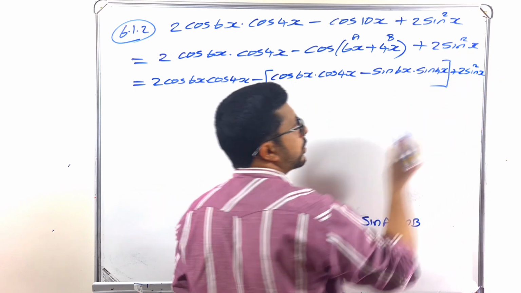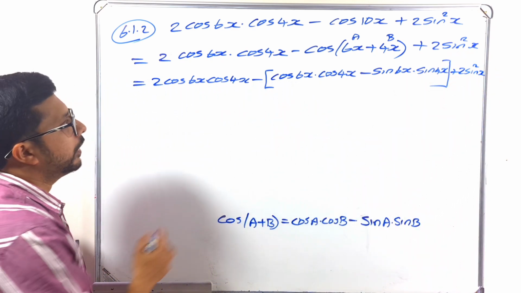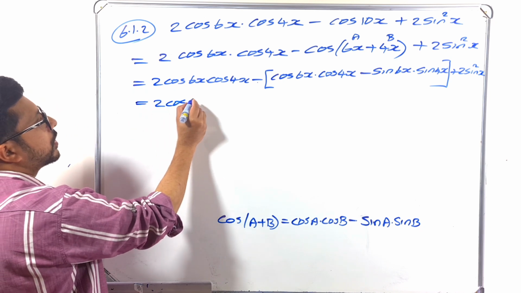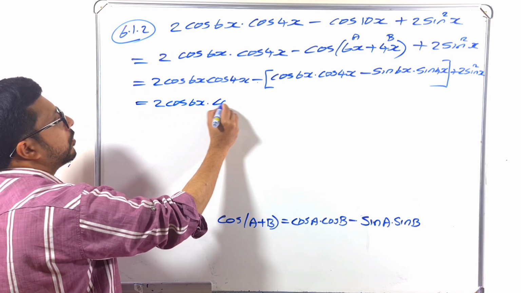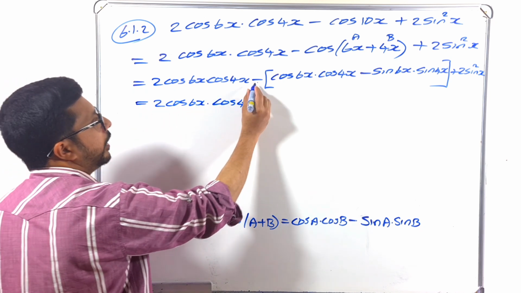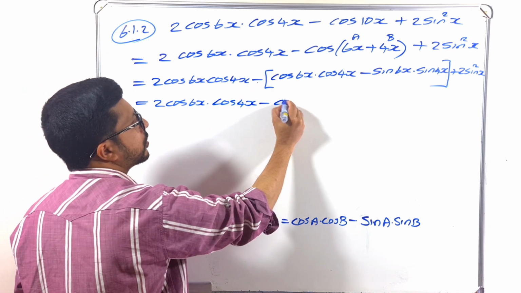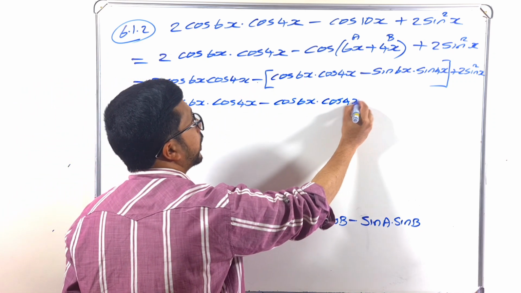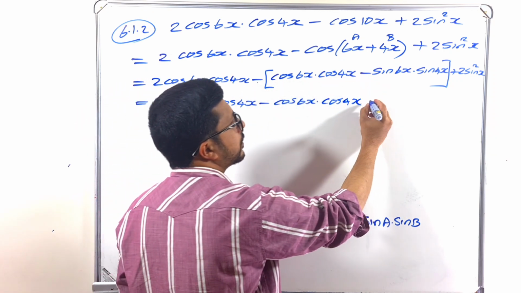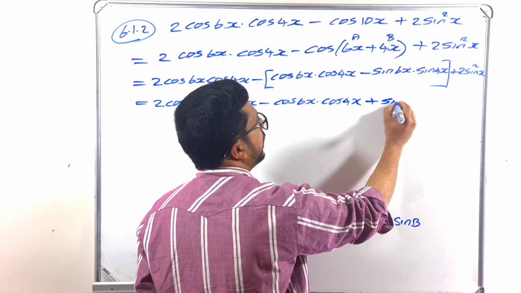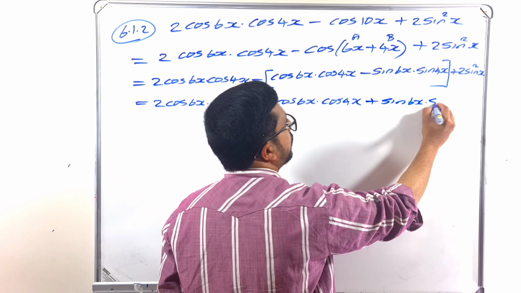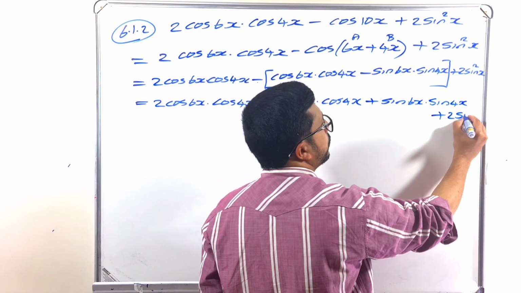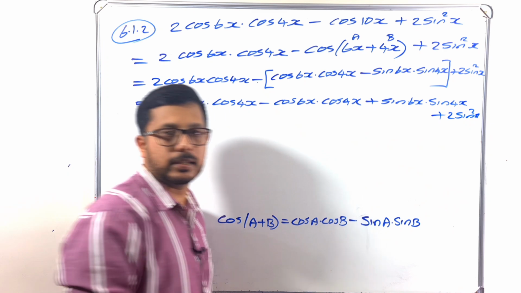Now expand this bracket. So it is 2 cos 6x cos 4x, expand the bracket, minus cos 6x cos 4x, minus into minus is positive, sin 6x sin 4x plus 2 sine square x.